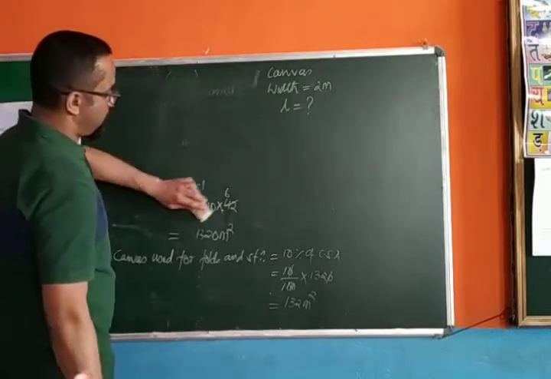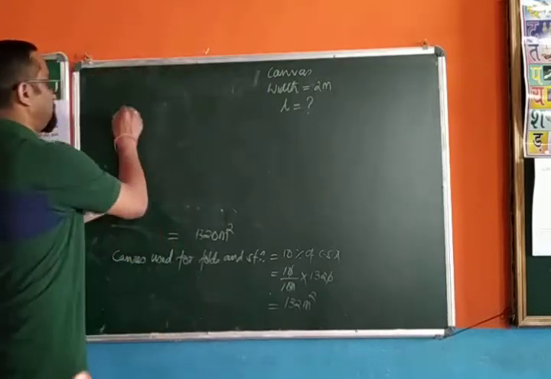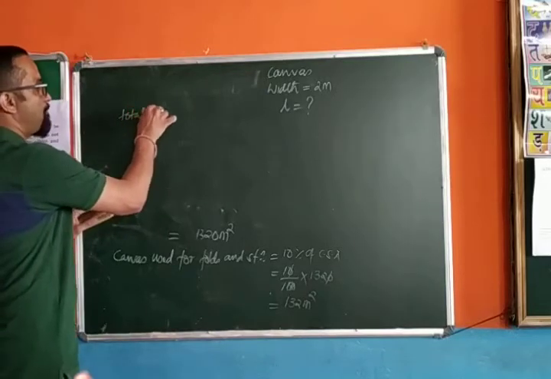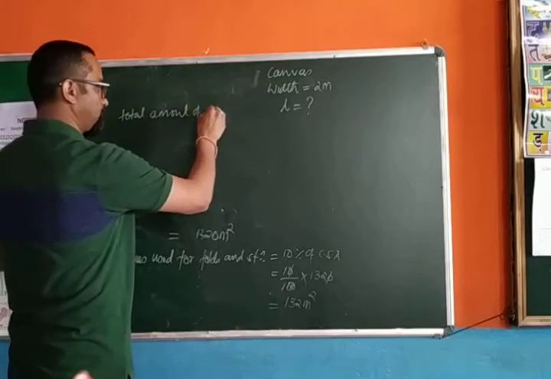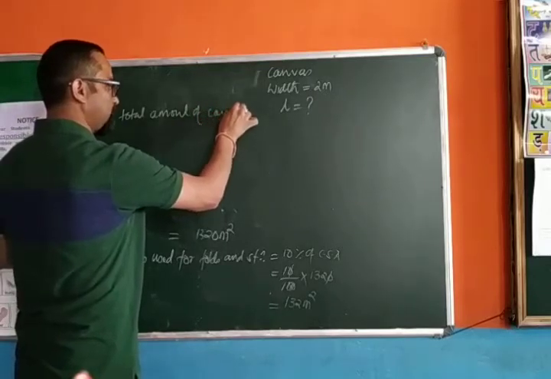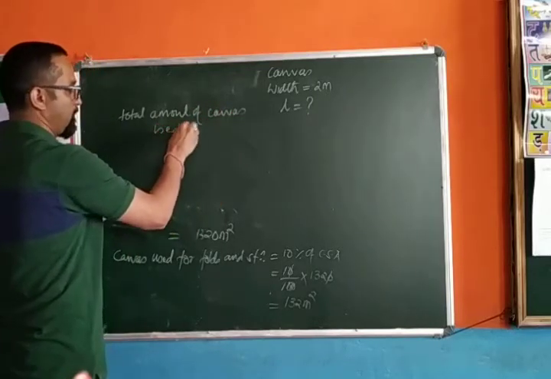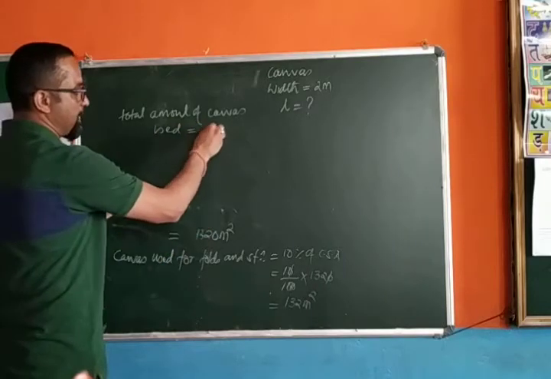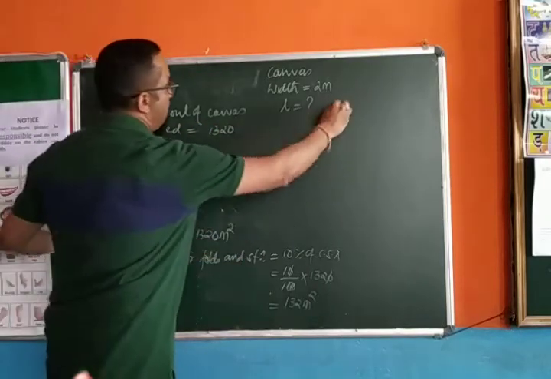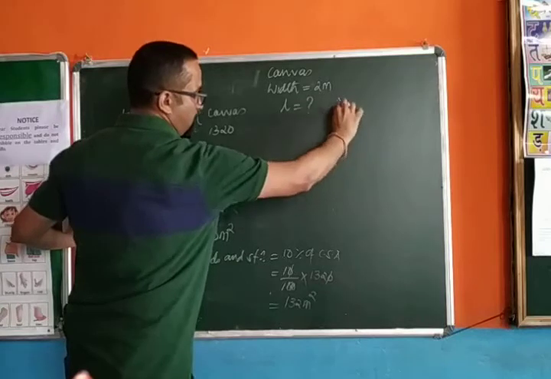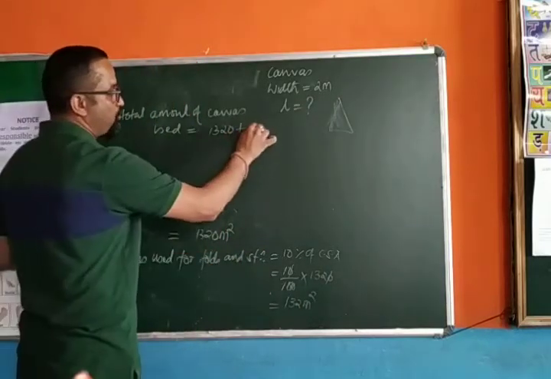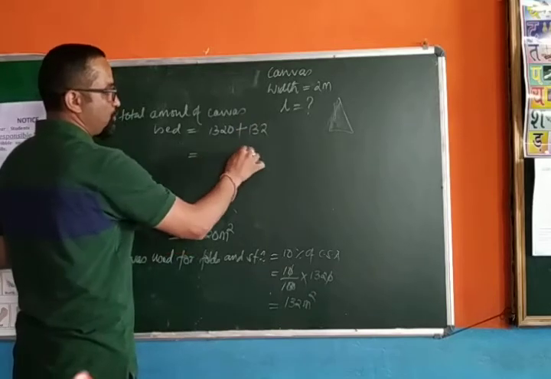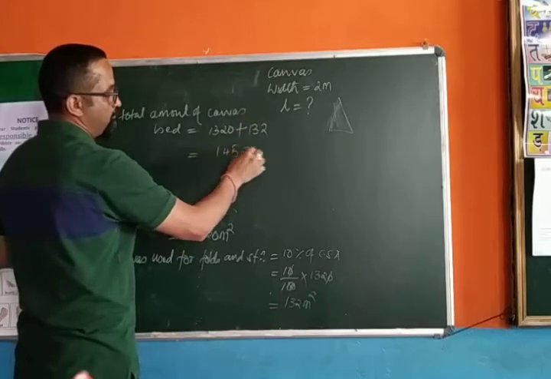After getting this, you calculate the total amount of canvas used. Curved surface area, the curved part, and canvas used for folds and stitching, 132, gives 1452 meter square.